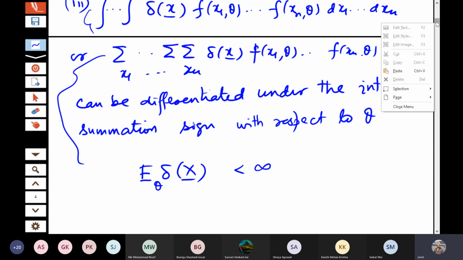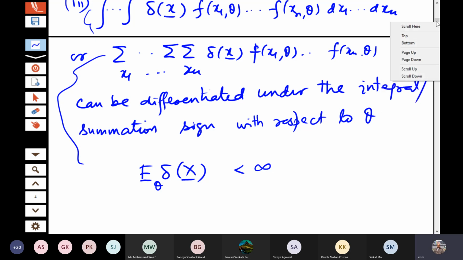But since you are only second year students, you have not done measure theory. Otherwise I could use the Lebesgue-Stieltjes integral in place of the ordinary integral, which takes care of all the cases. Anyway, I have to look at the level at which you are studying. Right now you are only in the second year, so you have not done Lebesgue-Stieltjes or Lebesgue integrals. So let me just move ahead.